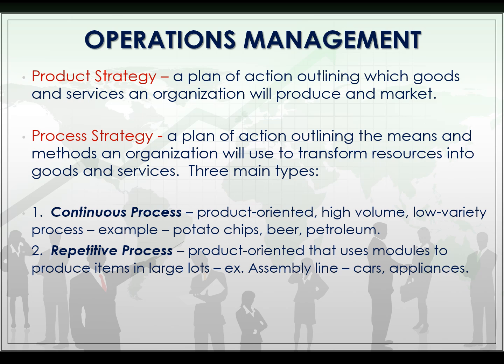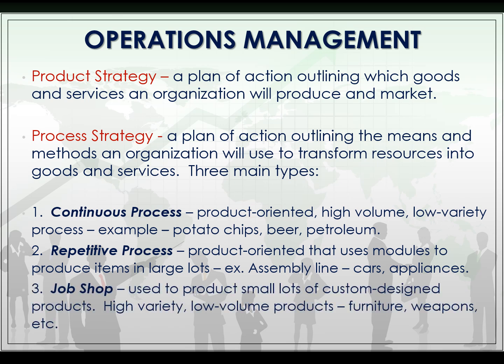Repetitive process, which is product-oriented and uses modules to produce items in larger lots, like an assembly line for cars or appliances. And job shop, used to produce small lots of customer-designed products, high variety, low volume, such as furniture, weapons, and so on.